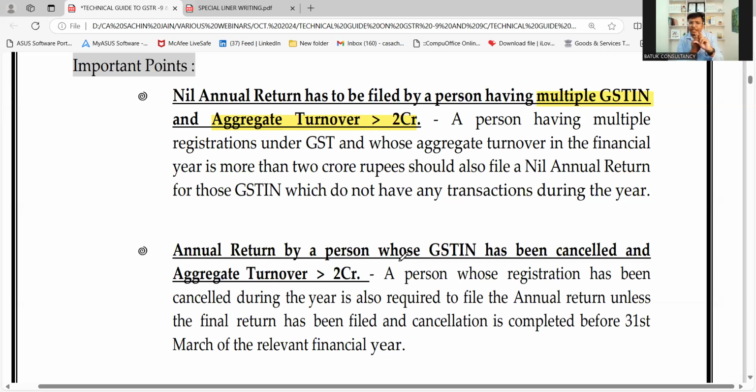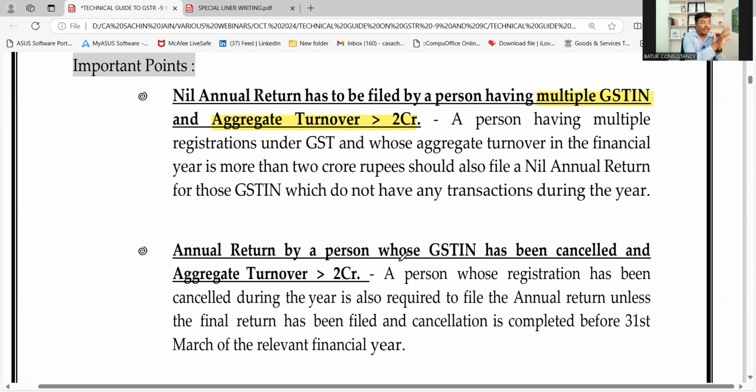Now, this 2 crore limit is applicable based on the aggregate turnover. Suppose your Rajasthan turnover is more than 2 crore rupees, say 5 crore rupees, and you have no turnover at Maharashtra. In such a situation, you still need to file the annual return at Maharashtra, because your aggregate turnover is calculated based on your PAN number, not your GSTN. So this is a very important piece of information to keep in mind.